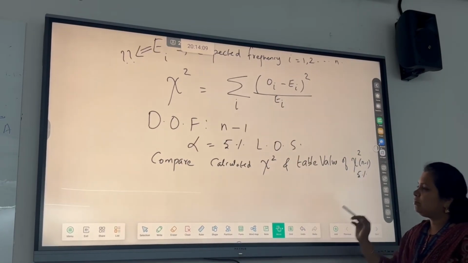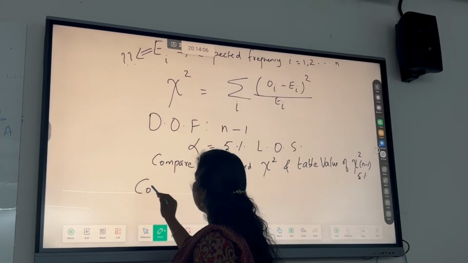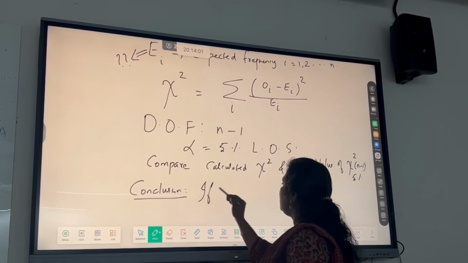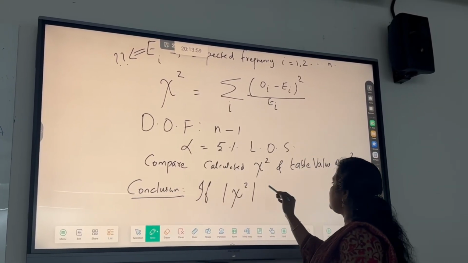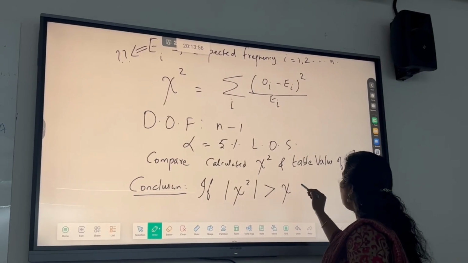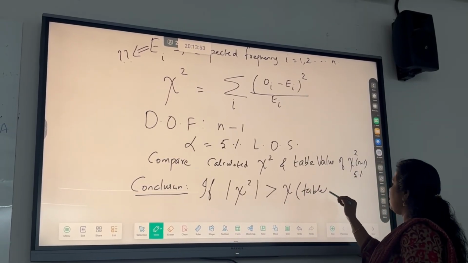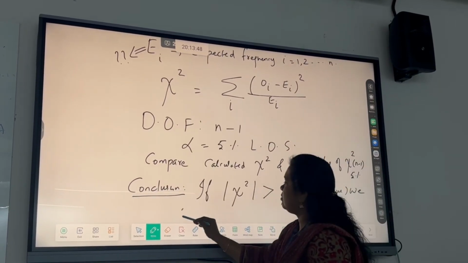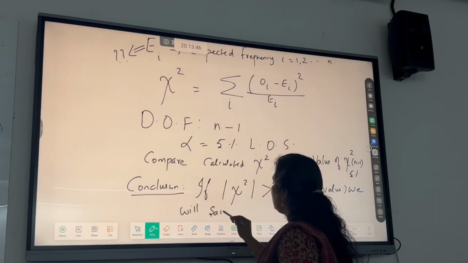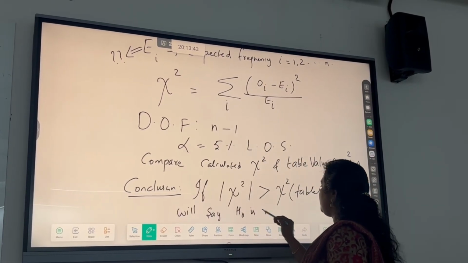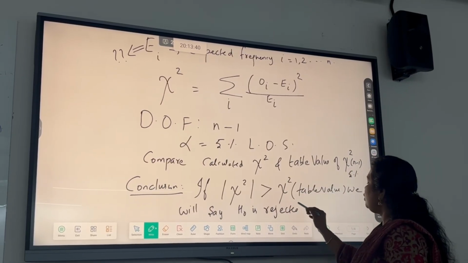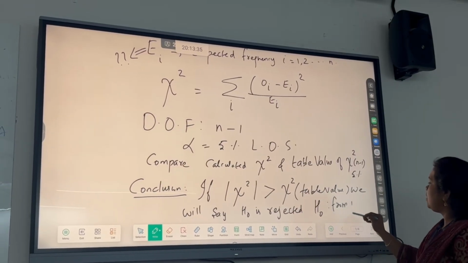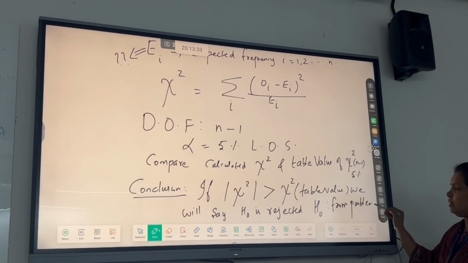So we can come to the conclusion: if the calculated chi-square value is greater than the table value, we say H0 is rejected. How to find H0 is from the problem. By reading the problem itself we can say the H0.